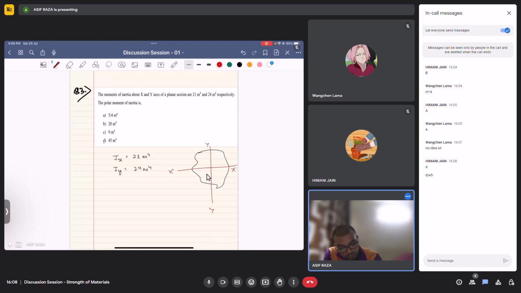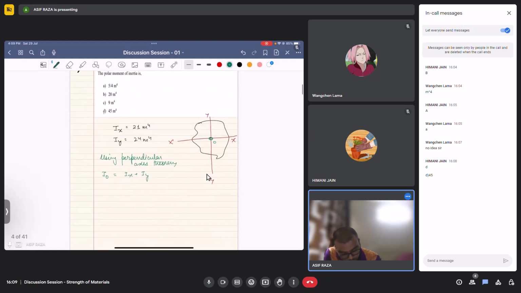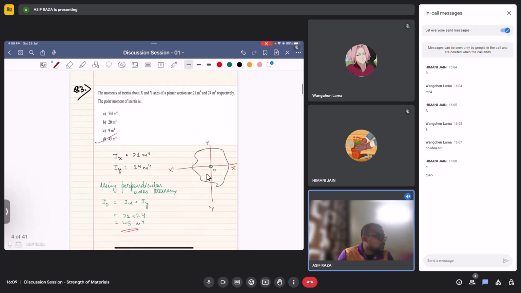The polar moment of inertia is about an axis out of this plane, say IO. So using the perpendicular axis theorem, IO is Ix plus Iy, that is 21 plus 24, which gives me 45 meter to the power 4. So this is the answer, option D. I hope this clarifies.